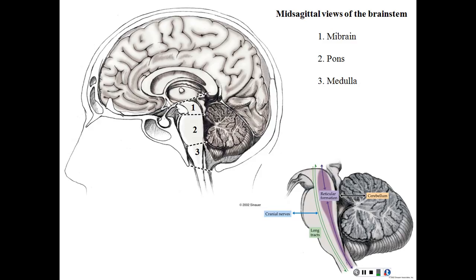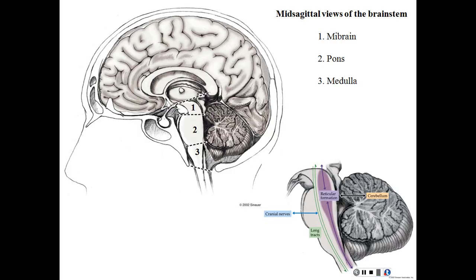What we need to do now is think about, at each level of the brainstem, the midbrain, pons, and medulla, what am I likely to find here? If you're presented with a patient that has a massive infarct in the lateral aspect of the medulla, how would you expect that patient to present? What structures do you think are in the more lateral versus medial aspect of the medulla?